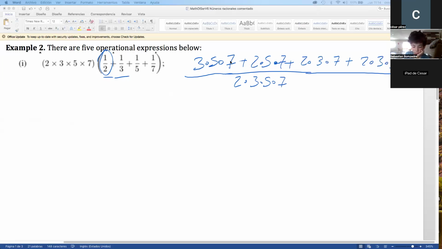Here we don't have the 2. Here we don't have the 3. Here we don't have the 5. And here we don't have the 7. This is this part. Now we need to multiply this.